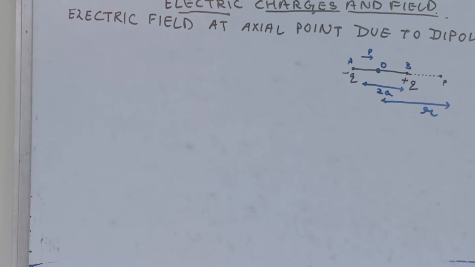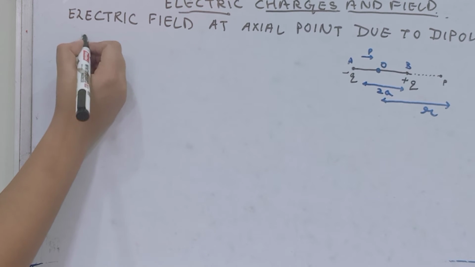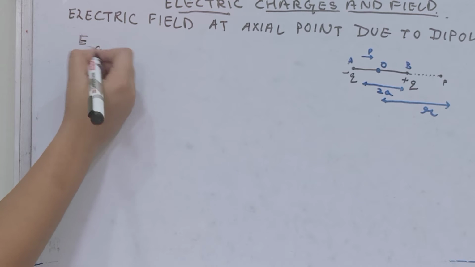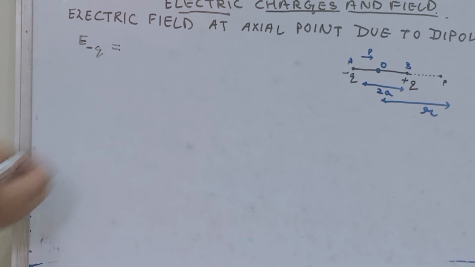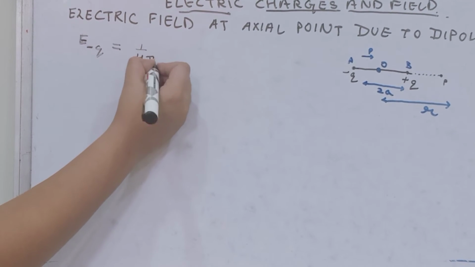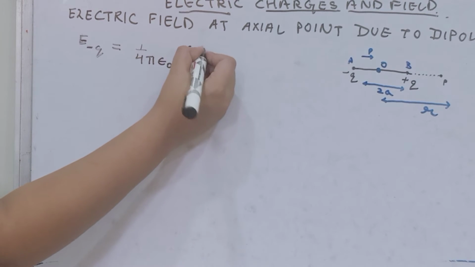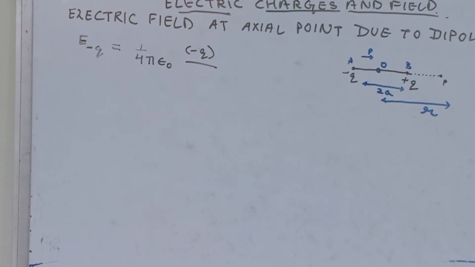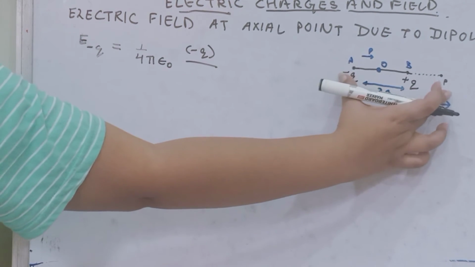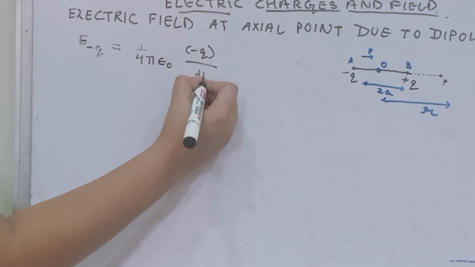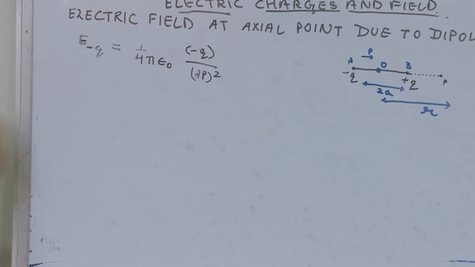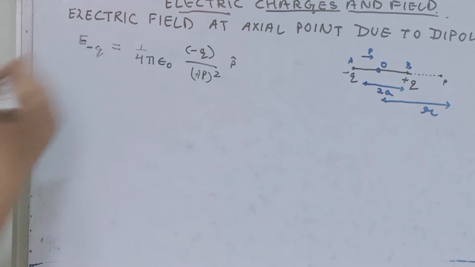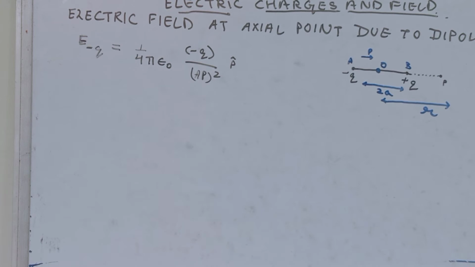Okay, so like we did in our last case, we can write the electric field due to minus q charge as 1 upon 4 pi epsilon naught minus q upon, what will be the distance involved? This is AP, that is AP square. Fine, and let the position vector be represented as p cap, because we represent dipole moment by p, that's why I have chosen p cap as the position vector.